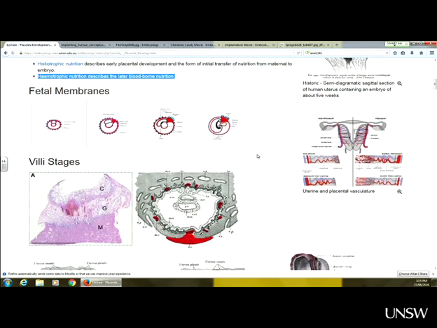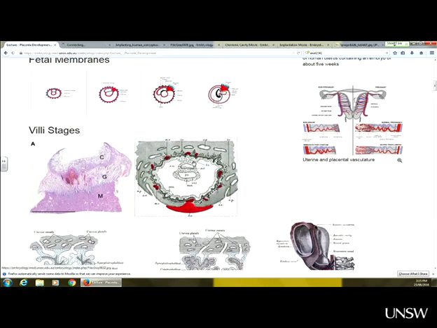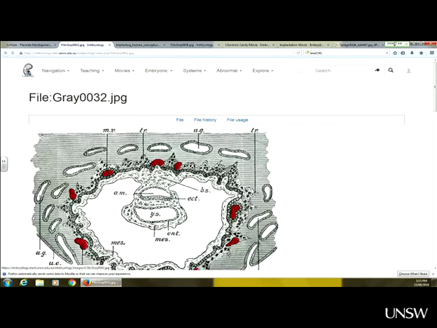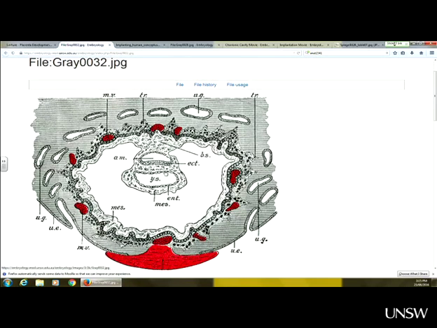So this is what we have if we look at a cross-section. Our embryonic disc here with its 3 layers, the yolk sac with endoderm covered with extraembryonic mesoderm, the chorionic cavity lined with extraembryonic mesoderm. Outside of that, a cellular layer made up of the cytotrophoblasts.